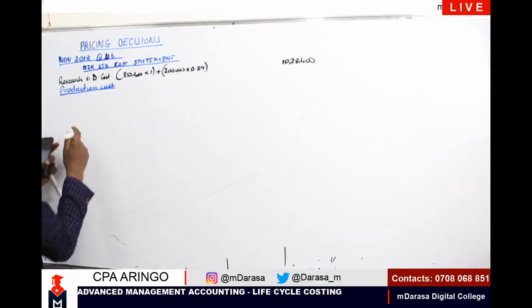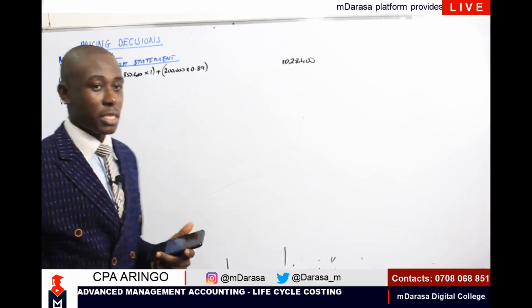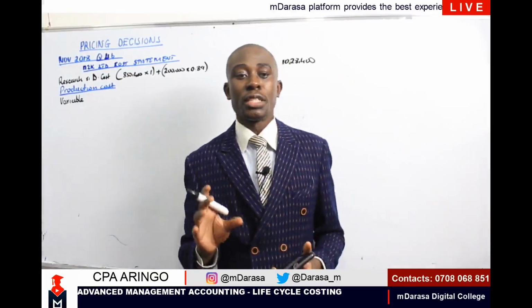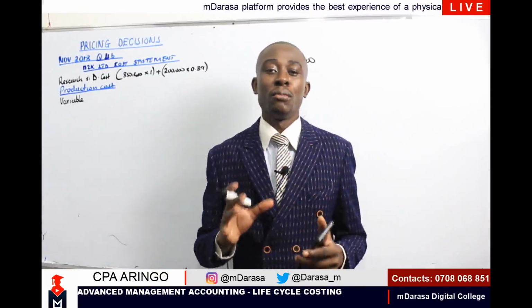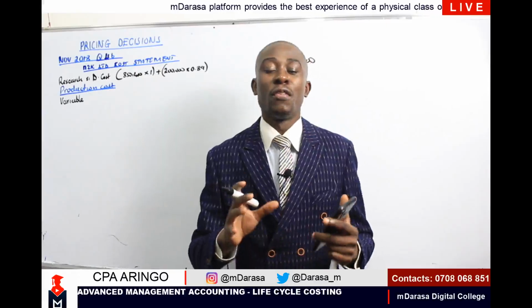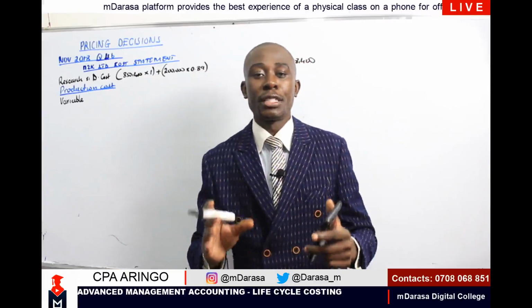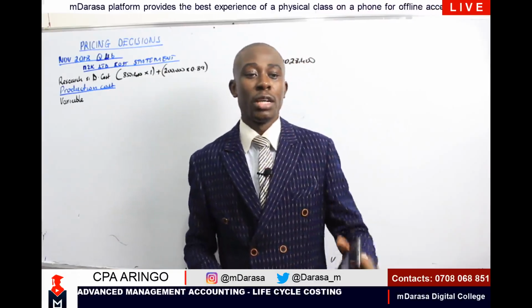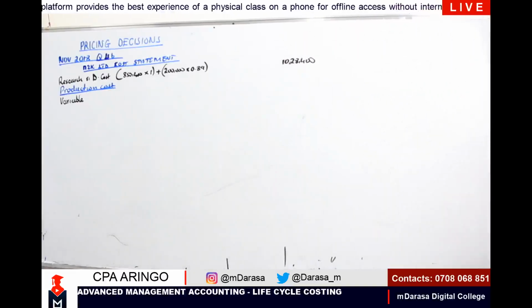We had variable cost, and I was given variable cost per unit. Our main purpose will be to determine the variable cost for the whole period. So how will we determine it? Let me share that question with you here again.